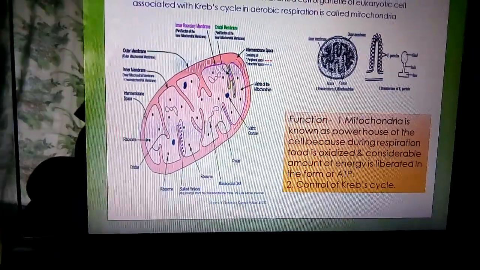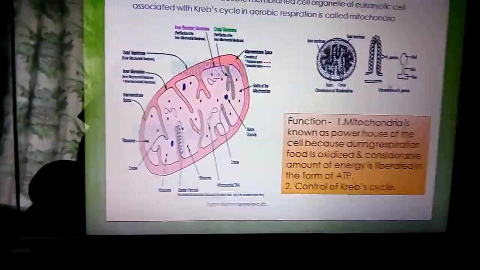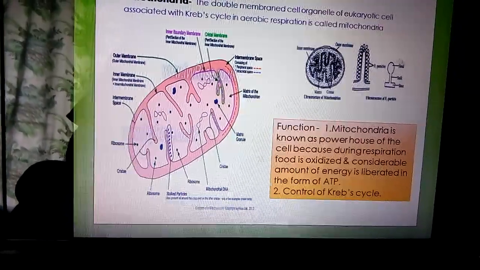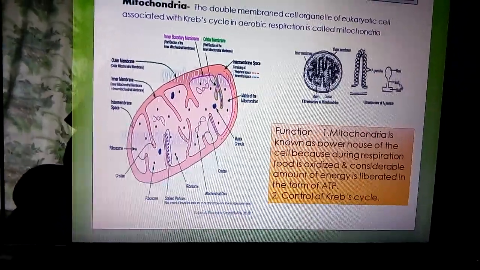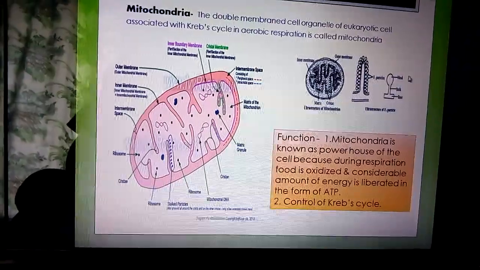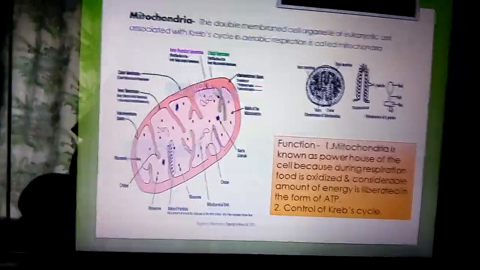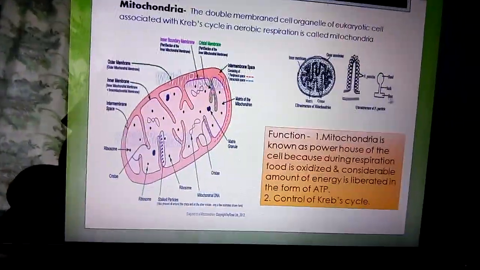Here is the ultrastructure of the F1 particle. From the crista, it is separated. A single F1 particle is shown here. This is the head portion, the stalk, and this one is the base portion.